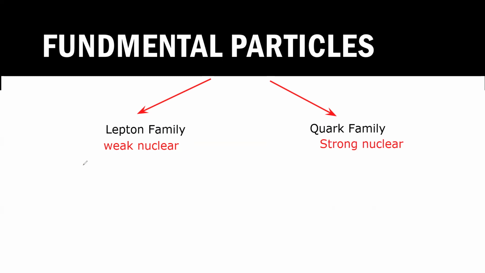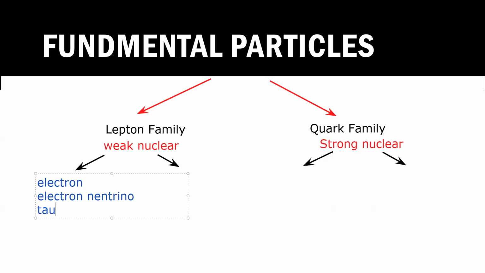The lepton family consists of 6 particles and their antiparticles. And the same thing, the quark family consists of particles and antiparticles. So we have electron, electron neutrino. You have to learn these names.